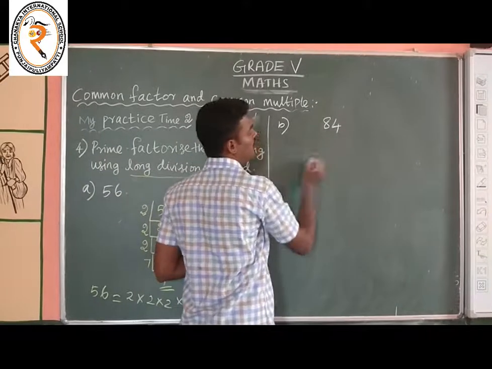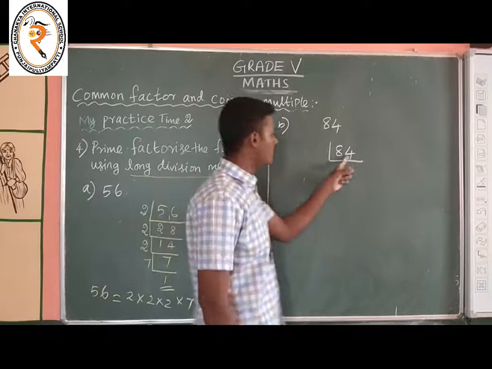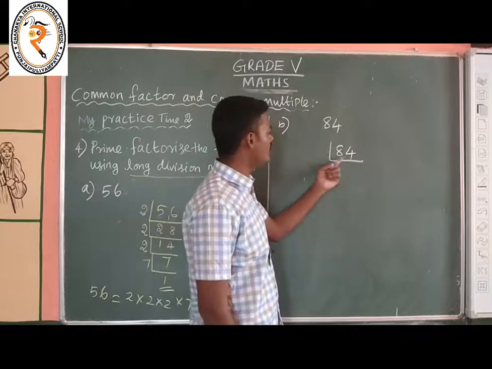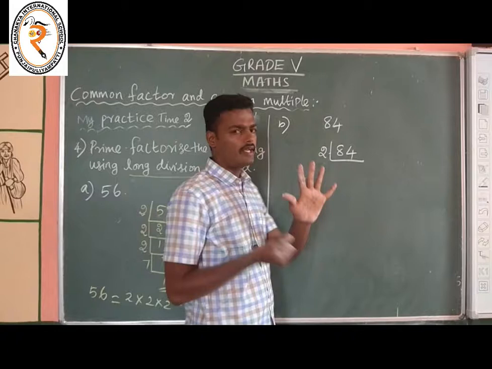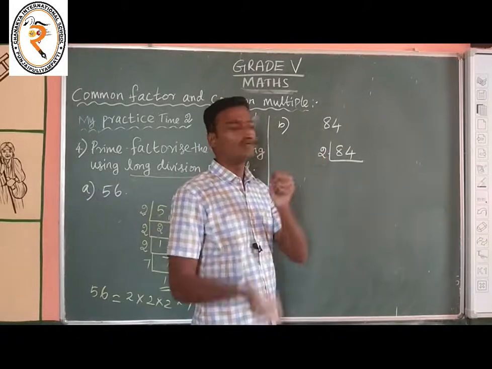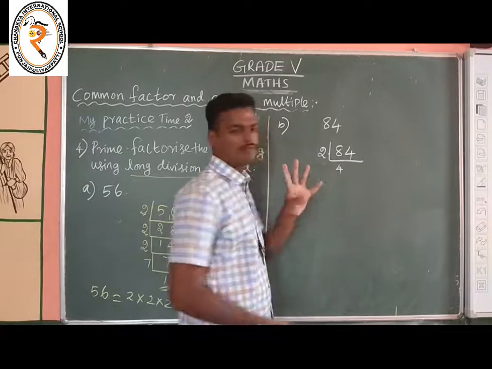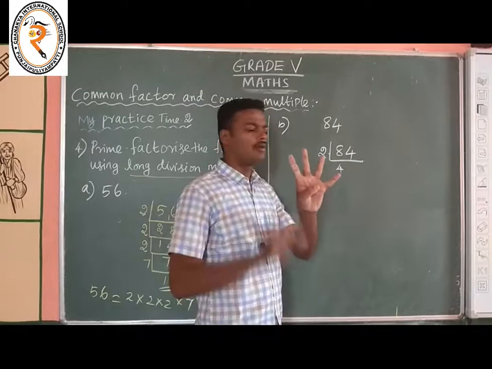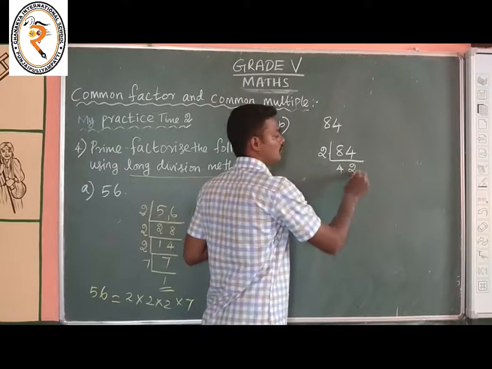Next sum, 84, question number B. 84 is an even number. An even number comes in the second table. 8 comes in the second table 4 times. Next, 4 comes in the second table 2 times.